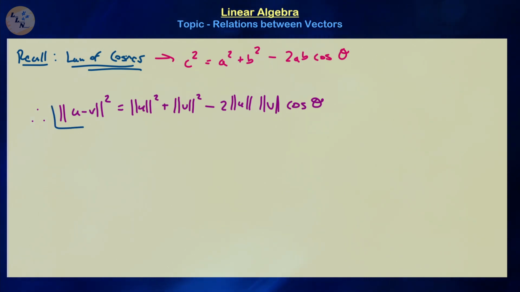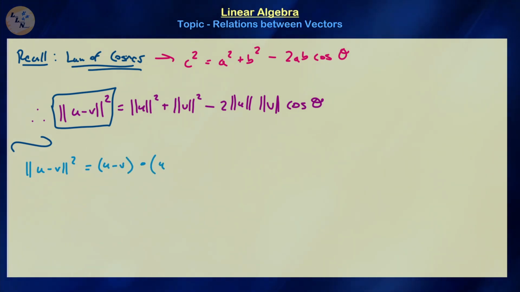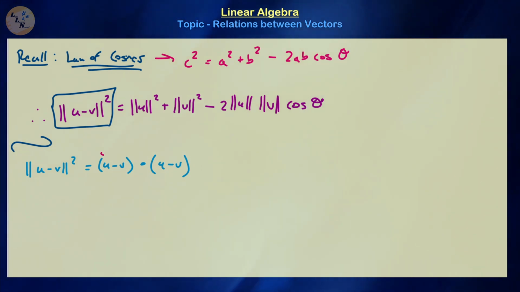So let's just explore this term on the left-hand side and see if we can turn it into something that is workable with. So remember that the norm squared of a vector is just the same as the dot product of that vector with itself. So that means the norm of u minus v squared is actually equivalent to doing the dot product of u minus v with u minus v. And one of the properties of dot products is something similar to the distribution law.